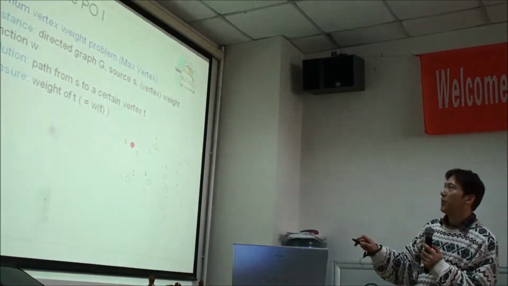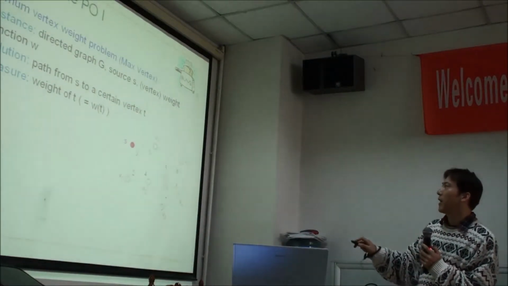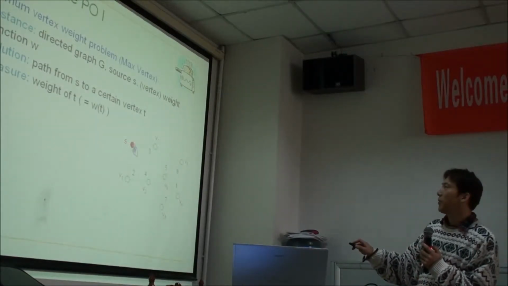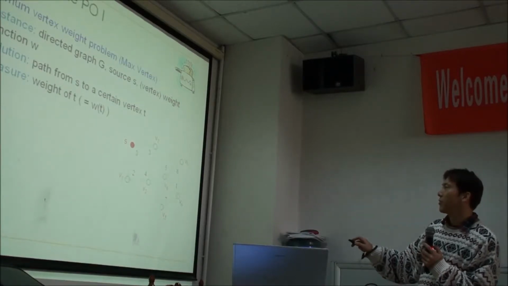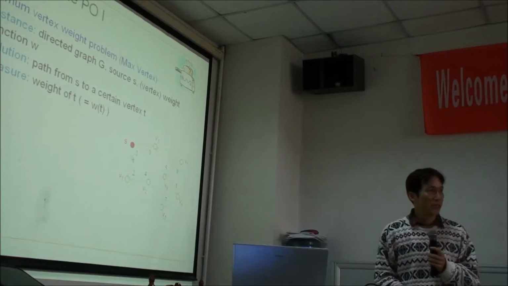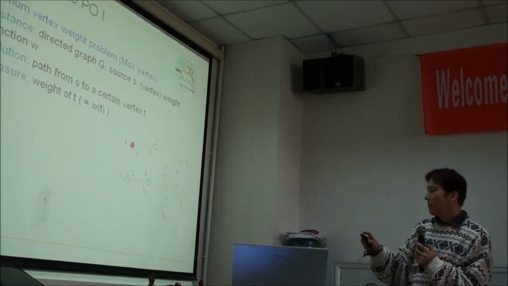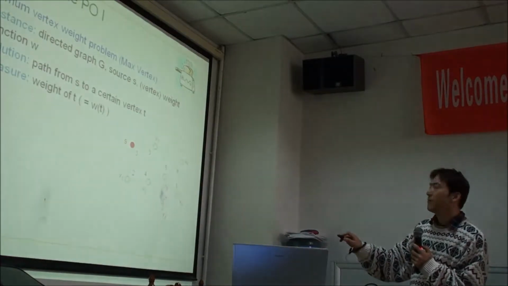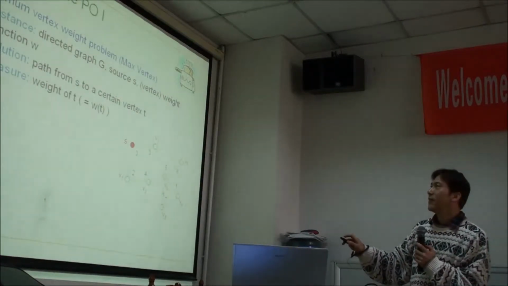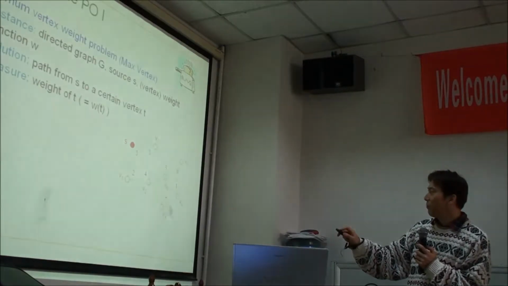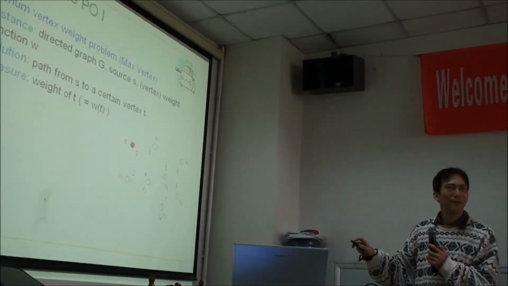Similar to the previous problem, we are given a directed graph, and we have a source node, and we have a weight function. The function assigns some natural numbers to the vertices. Now, our task is to find a path from S to some vertex, and we have to maximize the weight of the endpoint of this path.